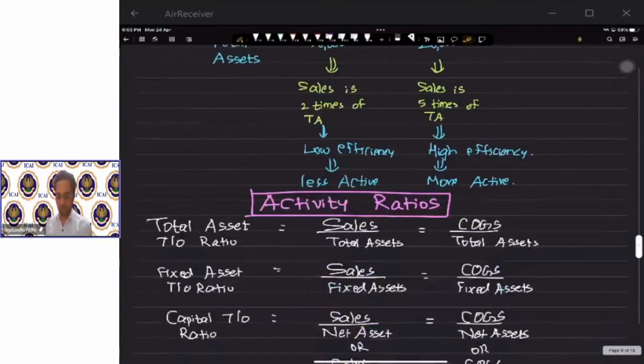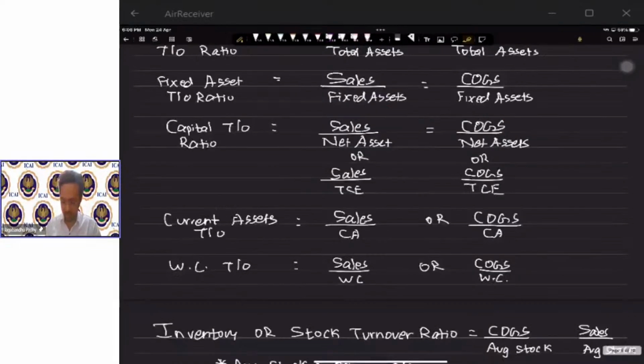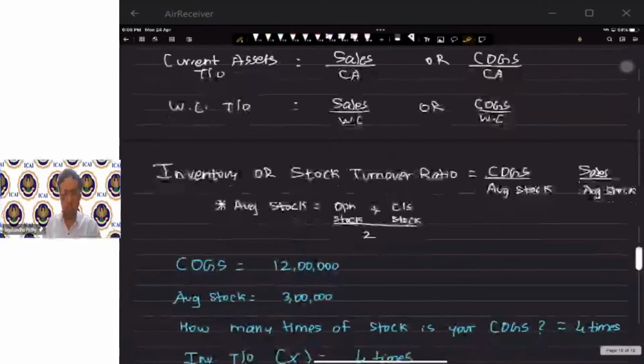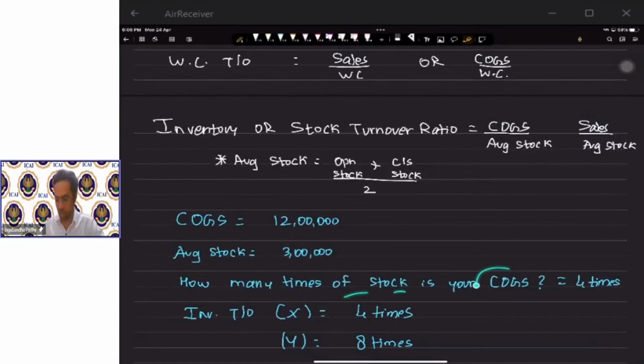Then we were looking at the activity ratios, which were all in the form of sales or COGS divided by the respective number, which is like assets, fixed assets, net assets, current assets, or the working capital. Inventory or stock turnover ratio is COGS upon the average stock, which was actually indicating how many times of the stock is your COGS.